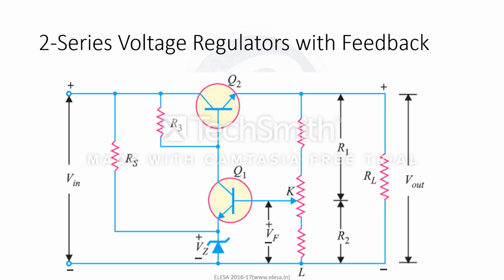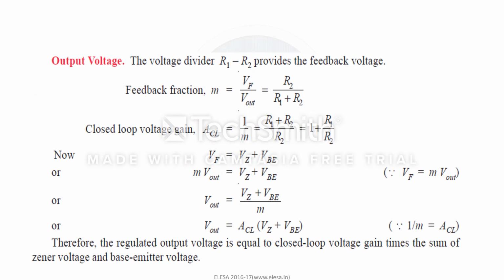Now we will derive the equation for the output of the series voltage regulator with feedback. The voltage divider R1 R2 provides the feedback voltage.